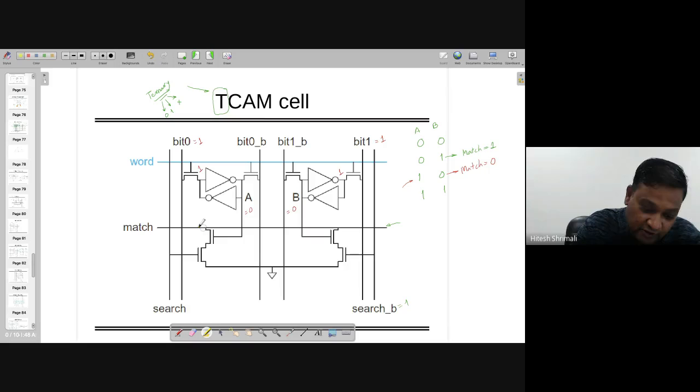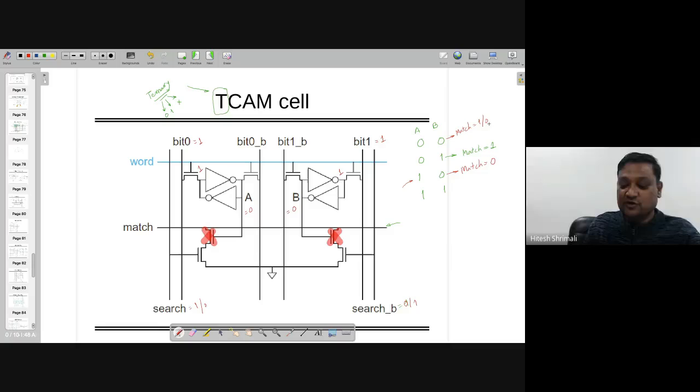Now both are 0, so both the transistors are off. No matter what value of search you give, search as 1 or 0 or search bar as 0 or 1, it is not going to change the value of match. So this is matching the value of both 1 and 0.